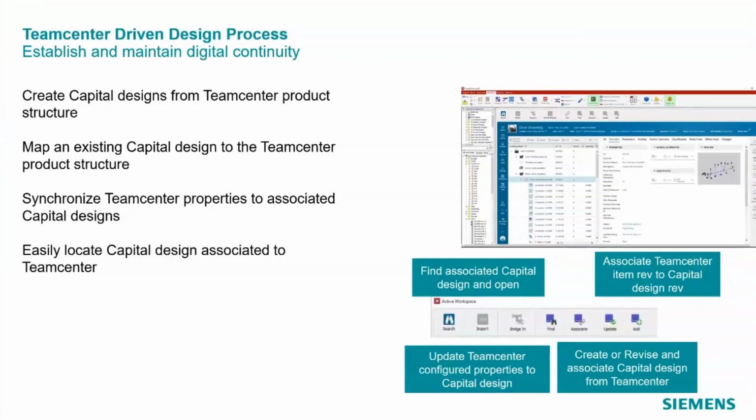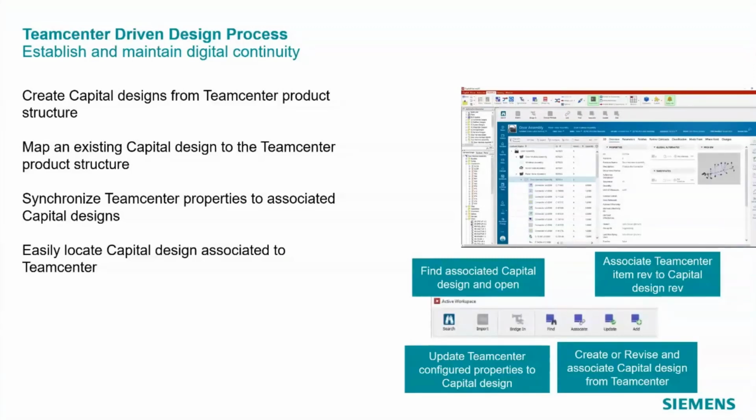So from within the embedded active workspace in a Capital design application, the engineer can navigate to an item in Teamcenter and create the Capital design that will implement that item and implement the required electrical connectivity, and eventually then publish the results of that design activity back to Teamcenter, as we talked about in the previous slide.